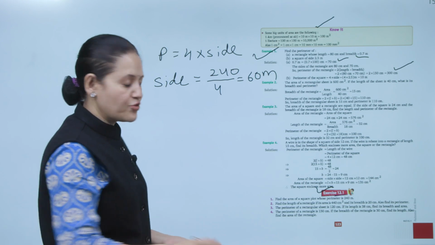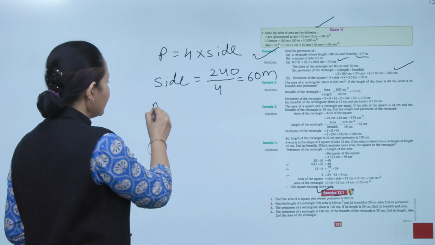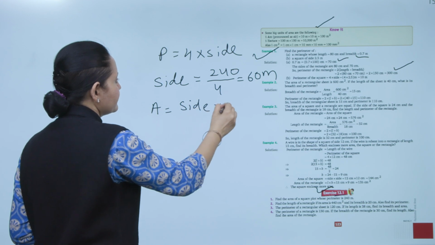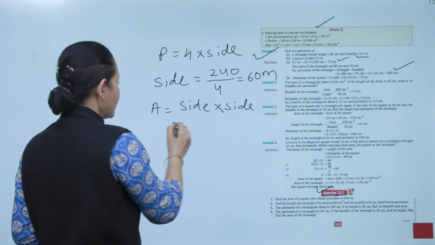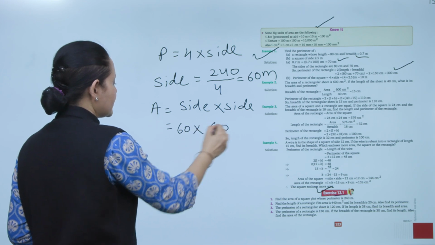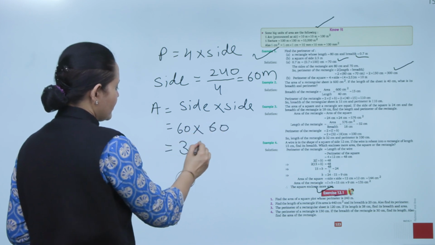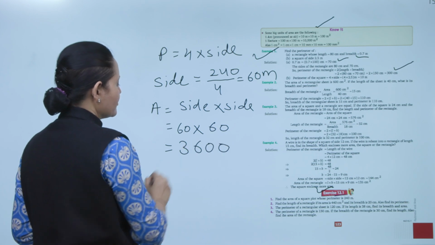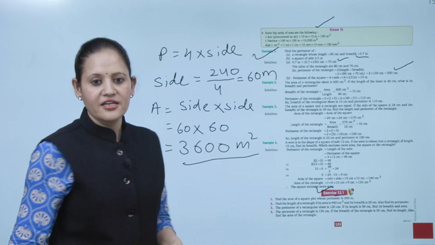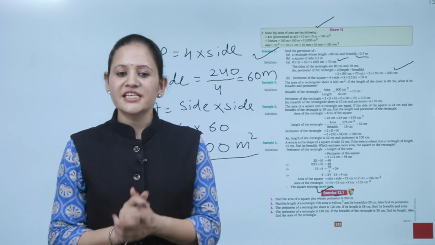That is the side. We have to find the area. Area equals side into side, that is equal to 60 into 60, 3,600 meter square. That is the area. Clear? Practice all the questions of this exercise.